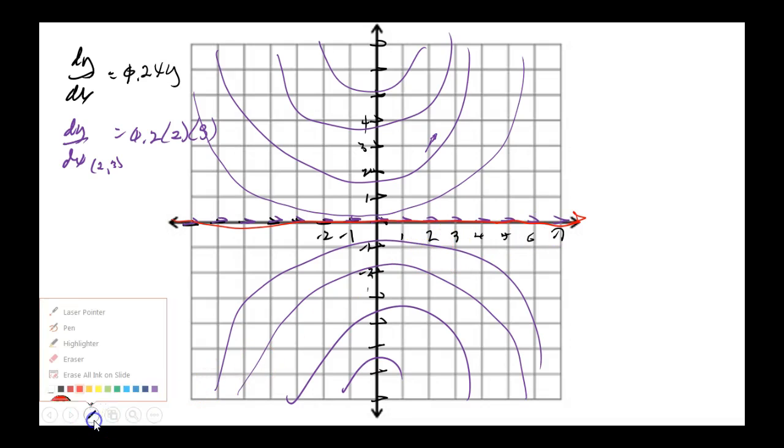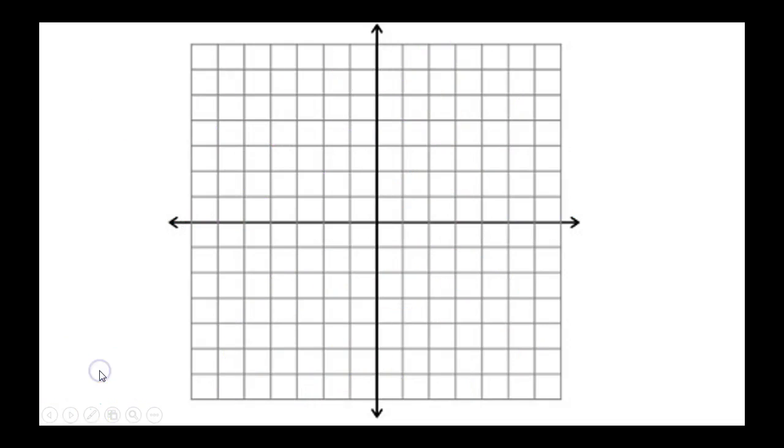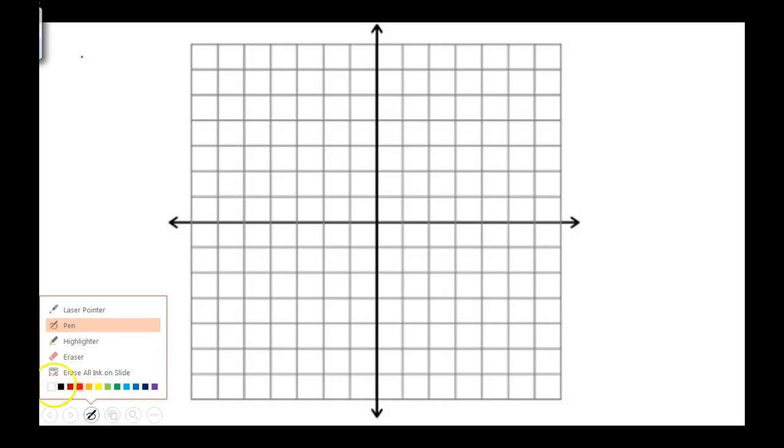I think we'll use the same slide. Use a direction field to sketch an approximate solution curve for the initial value problem dy/dx is equal to sine y. Let me get back to black.